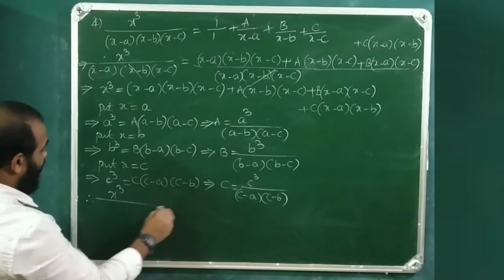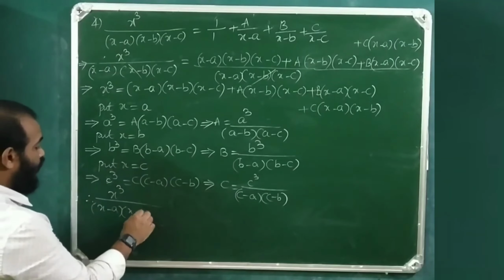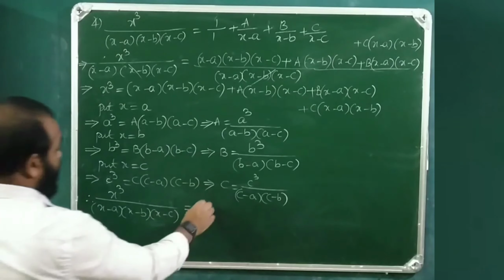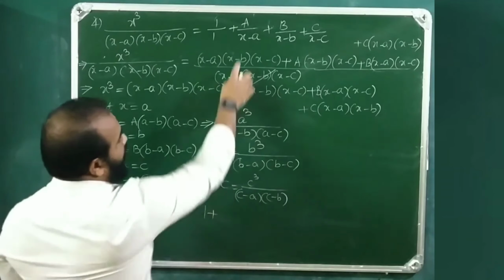Therefore, the given improper fraction x cube by (x minus a) into (x minus b) into (x minus c) is equal to 1 plus the value of a is this by x minus a.